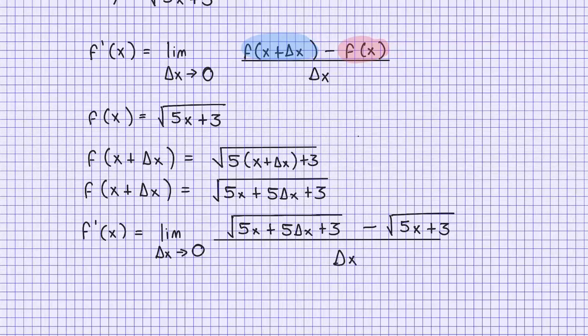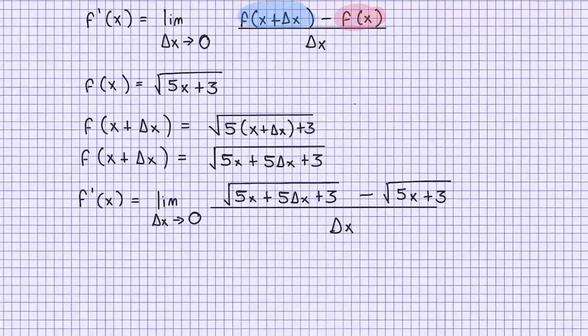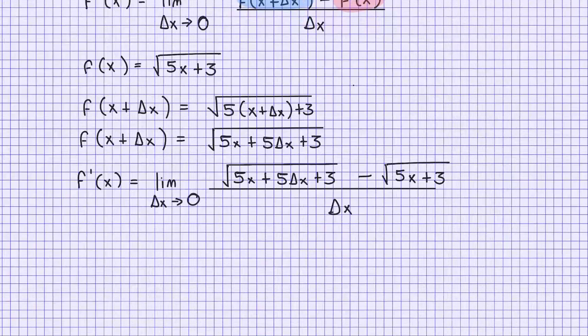Now, we cannot do the evaluation here because if we evaluate our limit, this delta x will be 0, and we will have a division by 0, which is undefined. We cannot do it. So somehow we have to get rid of this.